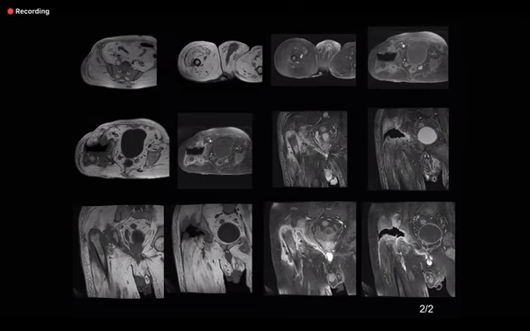Just taking a quick look at the MR sequences. In the top two is a T1 weighted sequence, and it's fat suppressed on the second two columns. On the right side, I note the low signal intensity throughout all the sequences in keeping with gas, which has been seen on the radiograph.